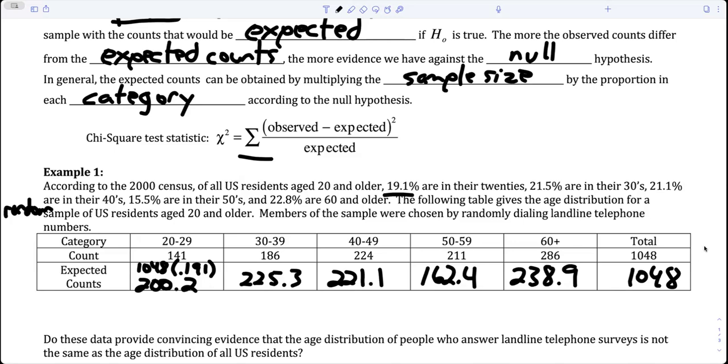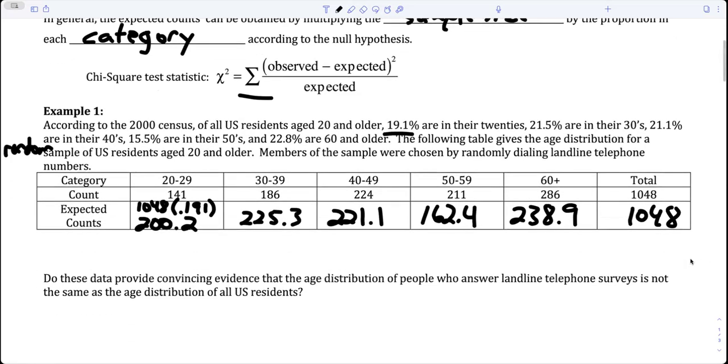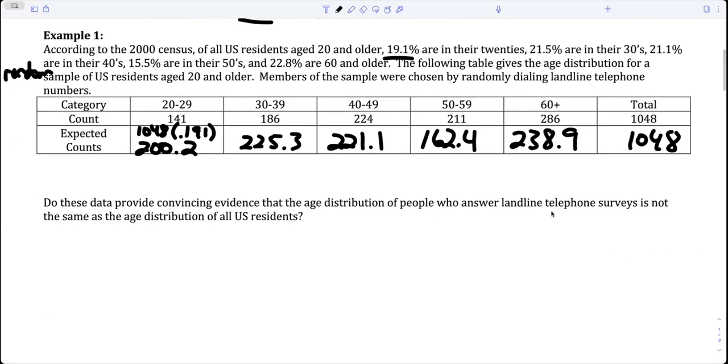Do these data provide convincing evidence that the age distribution of people who answer landline telephone surveys is not the same as the age distribution of all US residents?